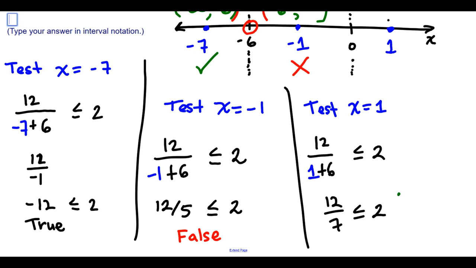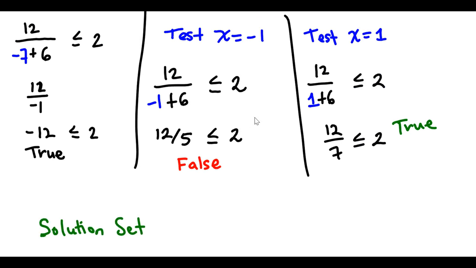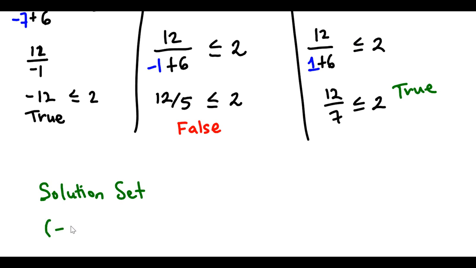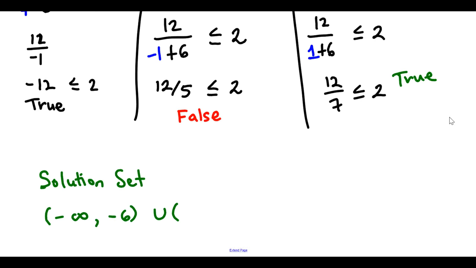This is true. Back at my regions up here that I've already mapped out, I'm going to have it from -infinity to -6, union, and then including 0 up to +infinity.